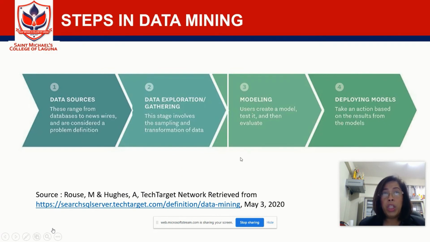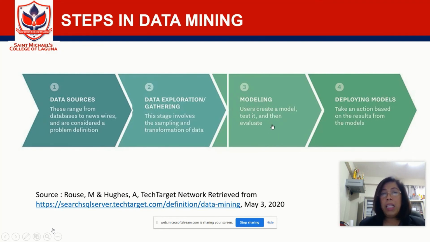We are on the third stage. For this step, we are going to build a model. Therefore, we need to split our data into two forms, the training data set and the testing data set. Why? For us to check and validate the performance of our model as well as evaluate the result.